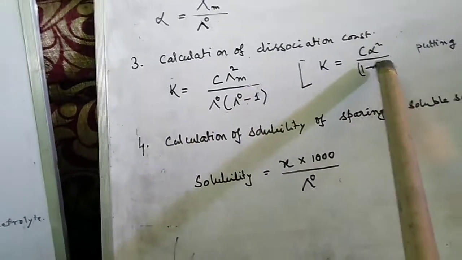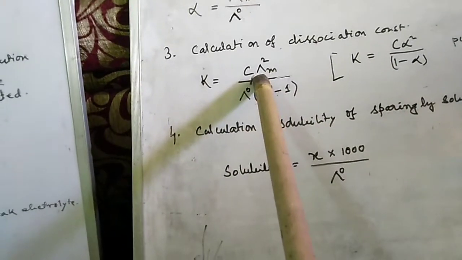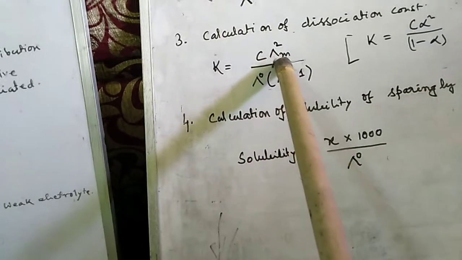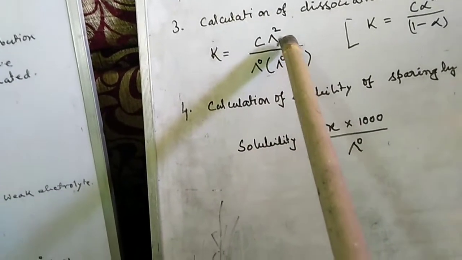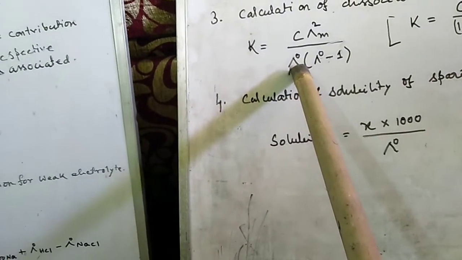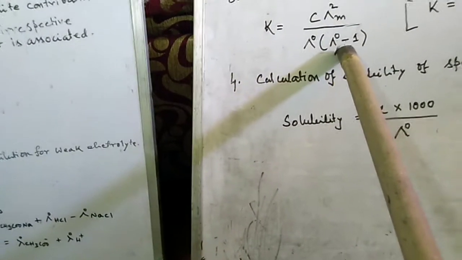Now if I put the value of alpha in this equation, we get C, the concentration, into the molar conductance squared at that concentration, divided by the molar conductance at infinite dilution into the quantity molar conductance at infinite dilution minus the molar conductance at that concentration.